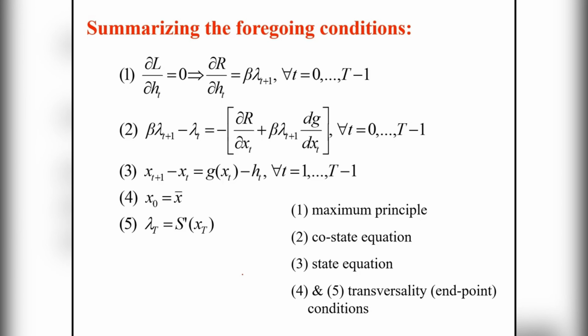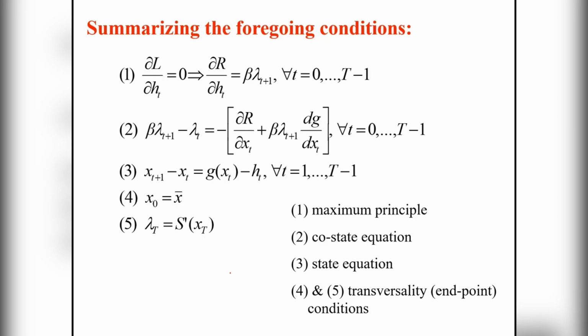Now we can summarize the foregoing conditions by the following equations. The partial of the Lagrangian with respect to ht is equal to 0. That implies that the partial of the net returns with respect to the harvest at any given period of time is equal to beta times that shadow price, lambda t plus 1, and we're discounting that price by that beta.